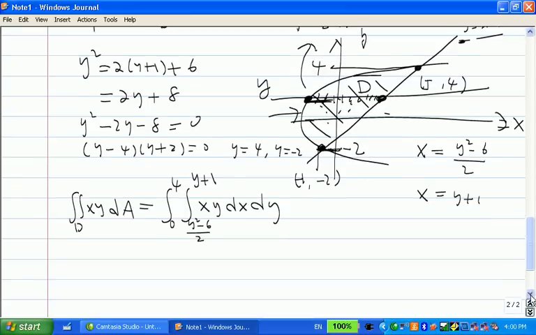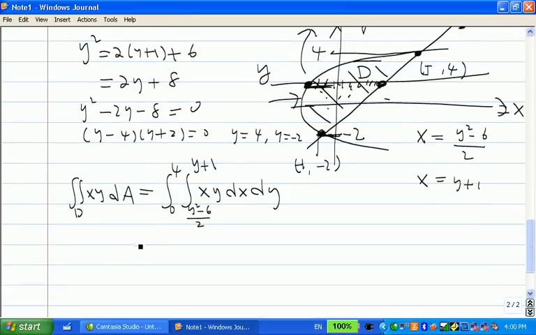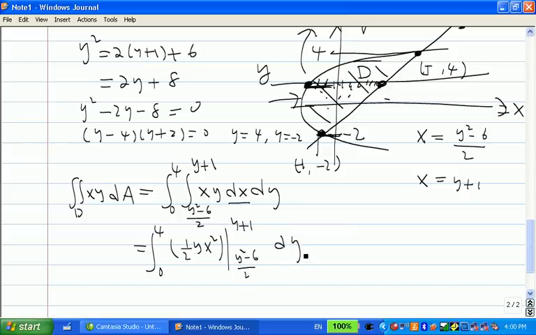Now integrate this. The inside integral is about x. Treat y as a constant. So you get 1/2 y x squared, evaluated at y squared minus 6 over 2 and y plus 1, dy.